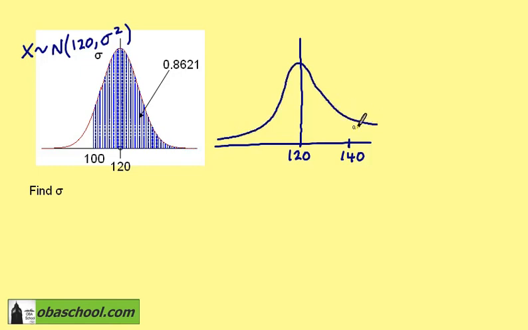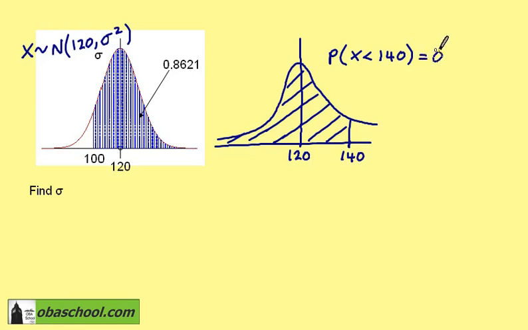If we now sketch our normal, the area to the left of 140 must be the same as the area to the right of 100 on the original diagram. So the probability of x being less than 140 must be equal to 0.8621.